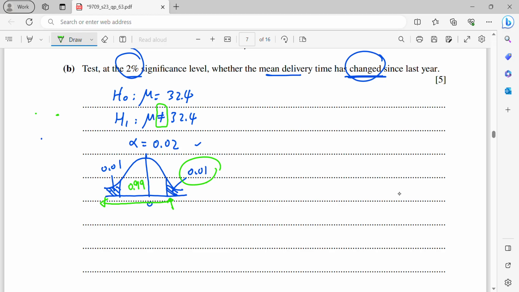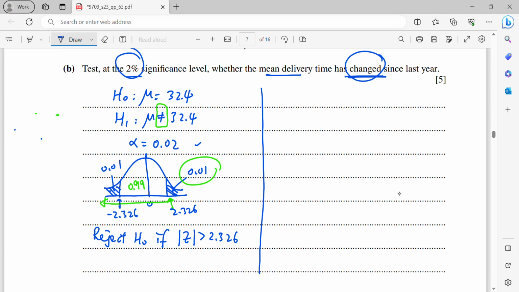Then we read the normal table and I will find that this is 2.326, and the other side will be negative 2.326. Then my rejection criteria will be reject H naught if the modulus of z is greater than 2.326, because it is two-sided. Now I will show my calculation on the right hand side.